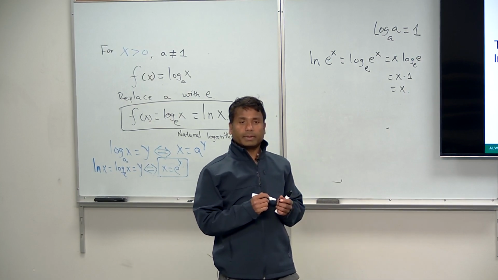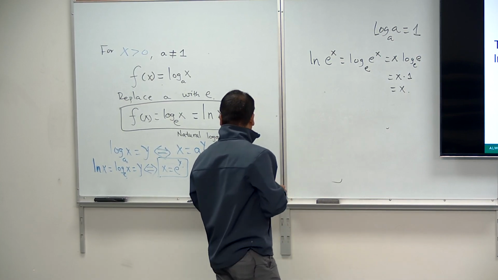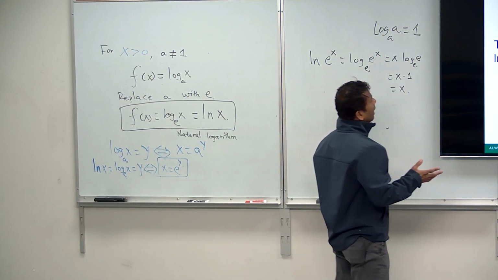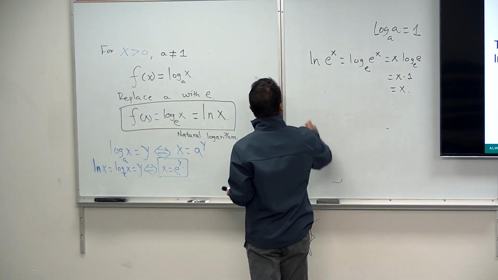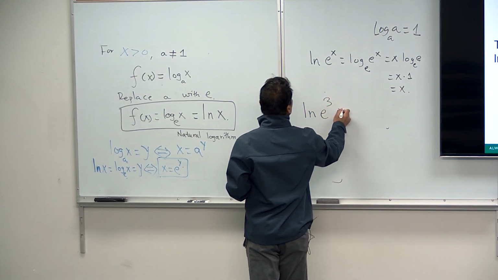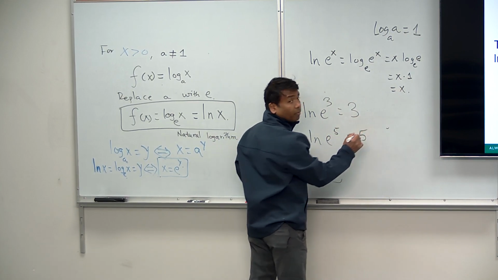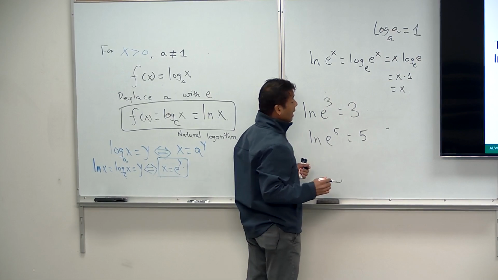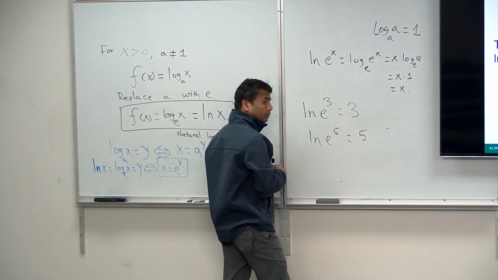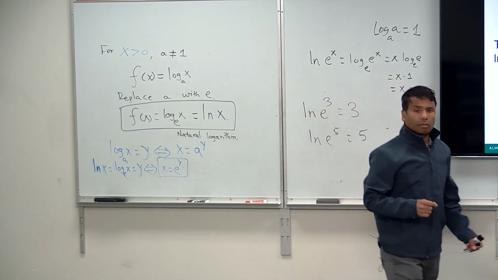Got it? Good, guys. So if you want to evaluate ln e to the power 3, it's going to be 3. ln e to the power 5 will be 5, okay? Good.